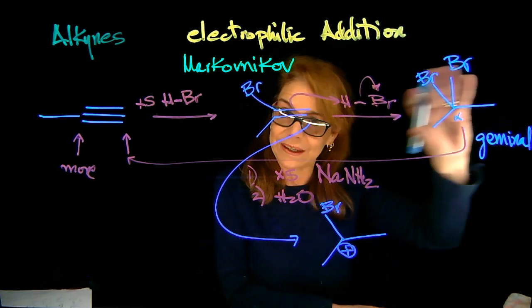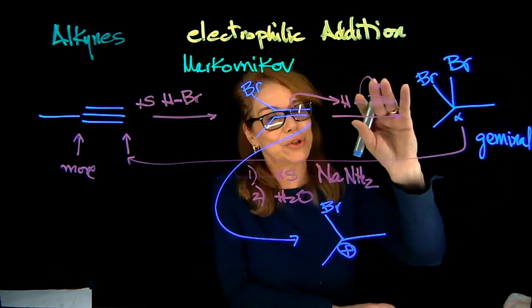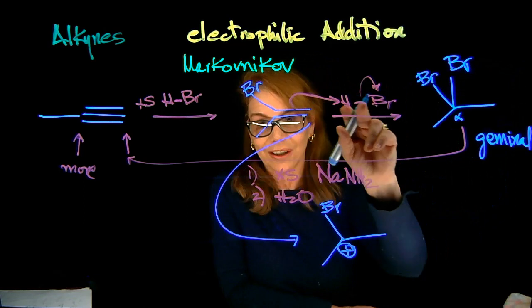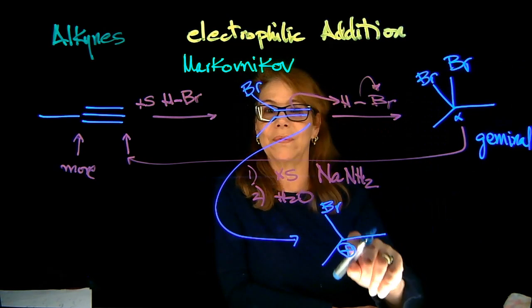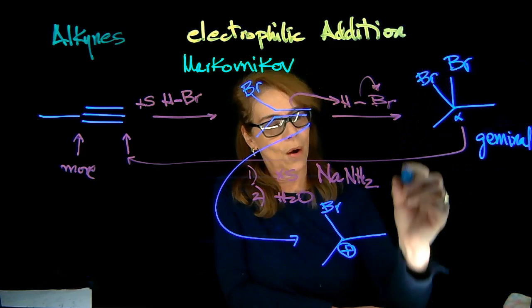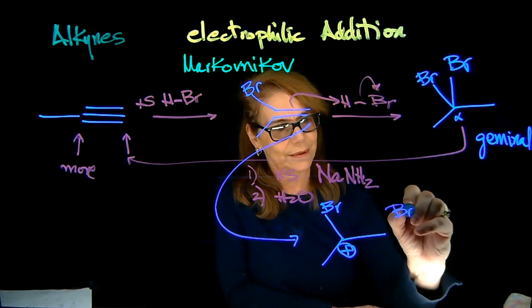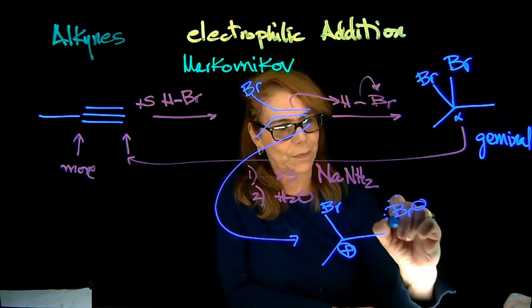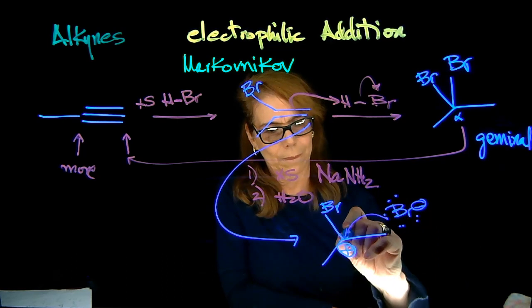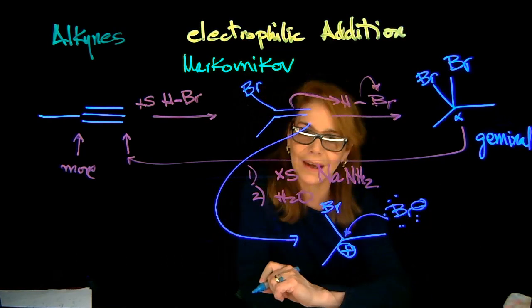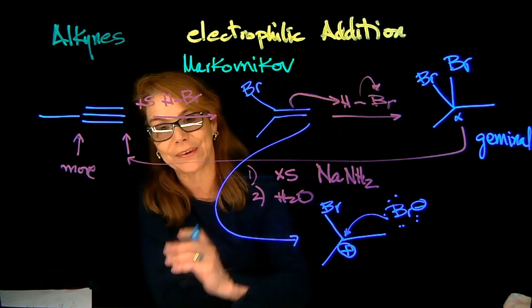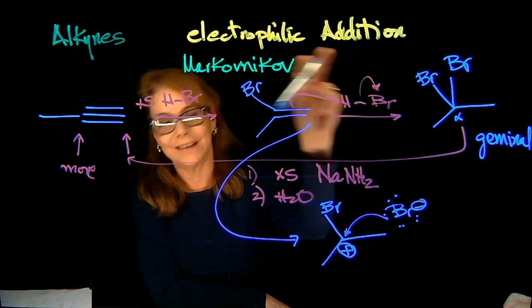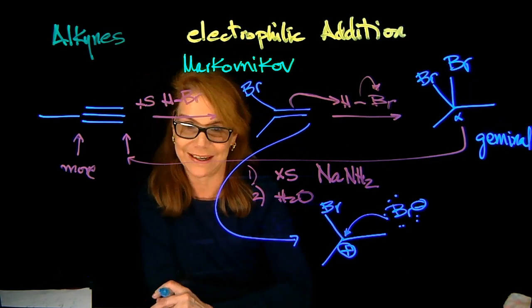But here I didn't show the whole mechanism, just that initial attack, not that intermediate. In the second step, you will attack with, say, bromide over here to make the dialkyl halide. We will do more problems regarding that and more electrophilic addition reactions of alkynes in another video.